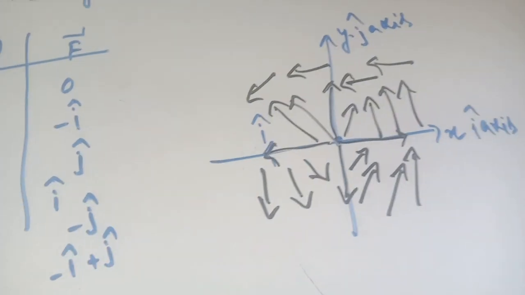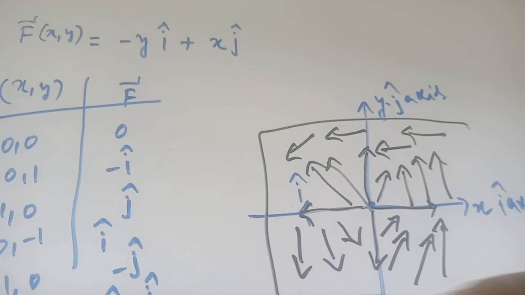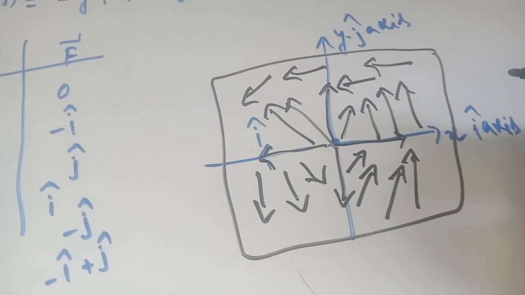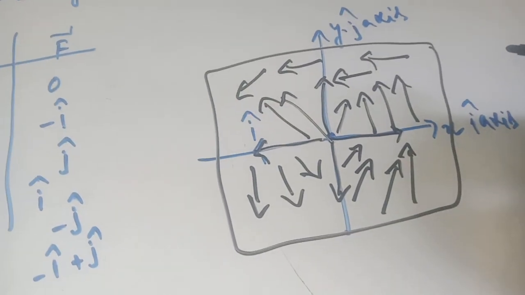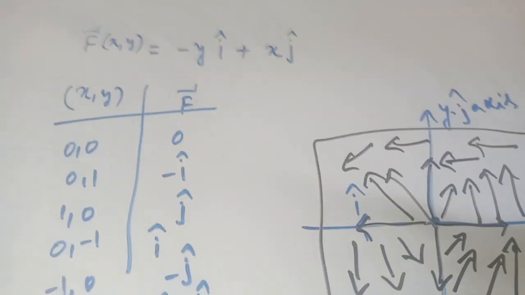If you take a large number of points the area will increase, but I took some 30, 40 values and checked them in a software program. So I am getting the vector positioning like this for the given field, minus y i cap plus x j cap.